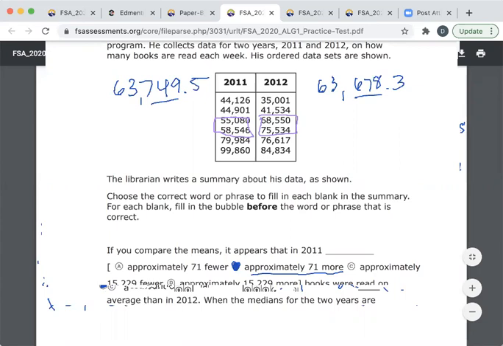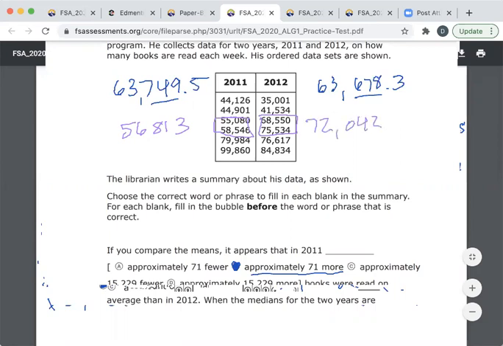If I were to get the median for the year 2011 on the left, it's 55,080 plus 58,546, and then divided by 2. And my median is 56,813. If I were to get my median for 2012 on the right, 68,550 plus 75,534, and then divide by 2, I get 72,042.